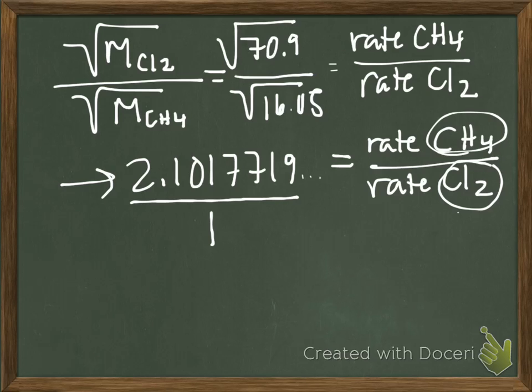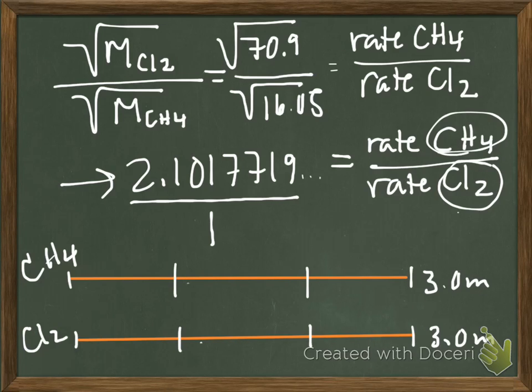So, to make a quick visual of this, what this means is if we have a 3-meter long tube of some sort, and at one end of one of these tubes we put a chunk, a mass of methane gas, and at the other end of the other tube, we put a chunk, a mass of chlorine gas.